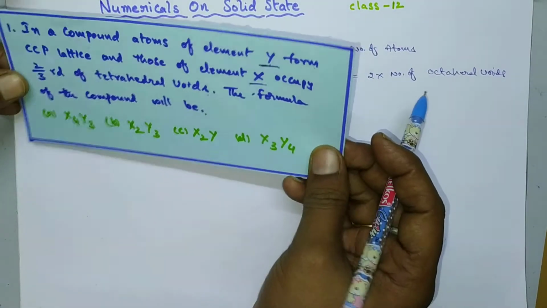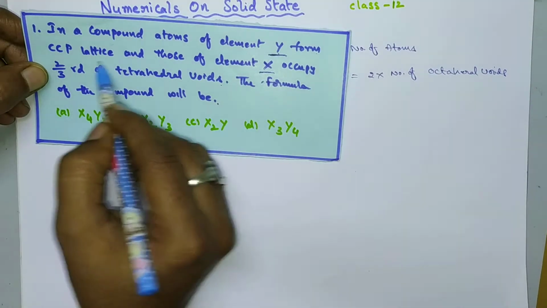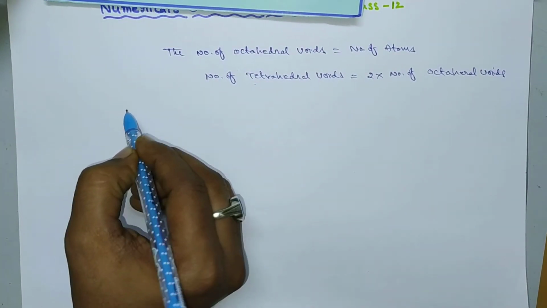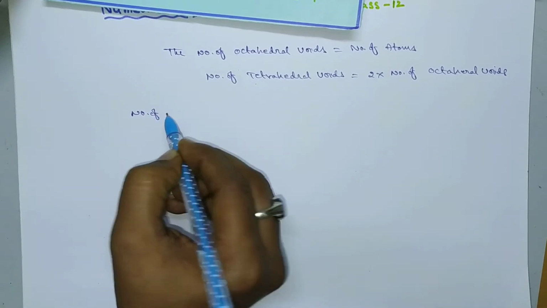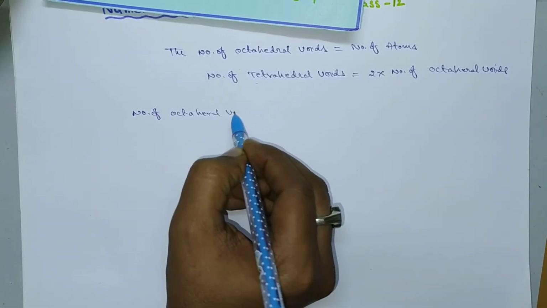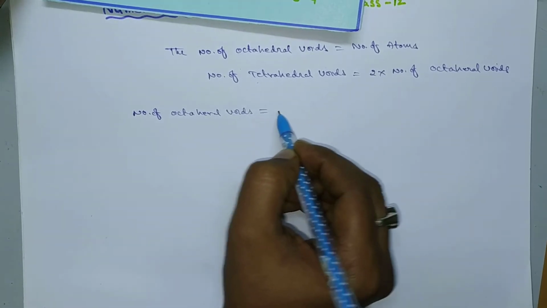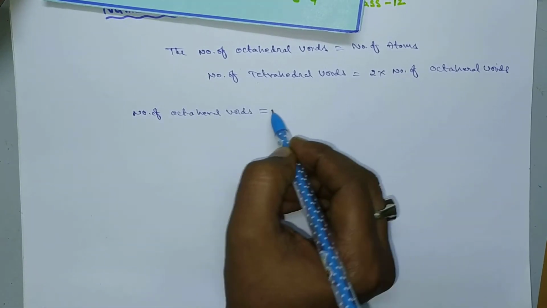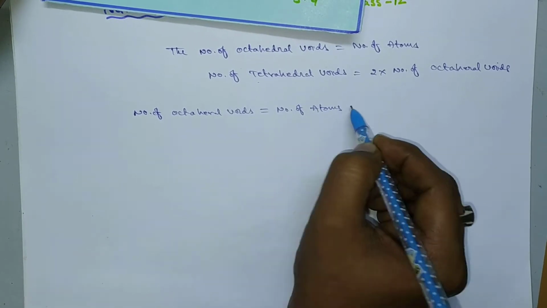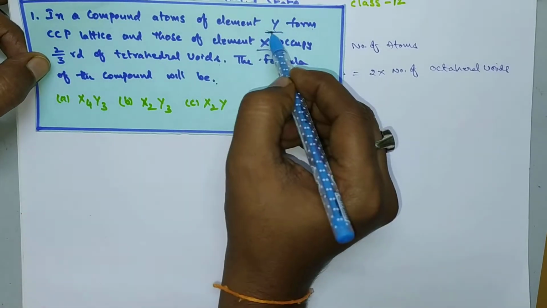Now let us consider Y forms the cubic lattice, which means the number of octahedral voids is equal to the number of atoms in the compound.